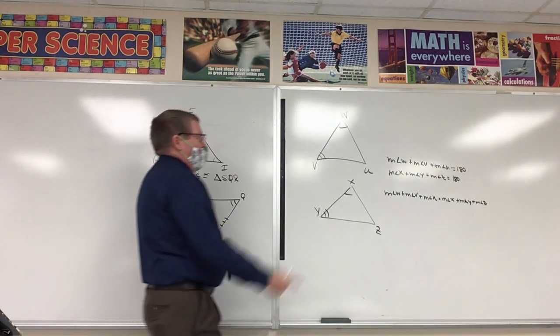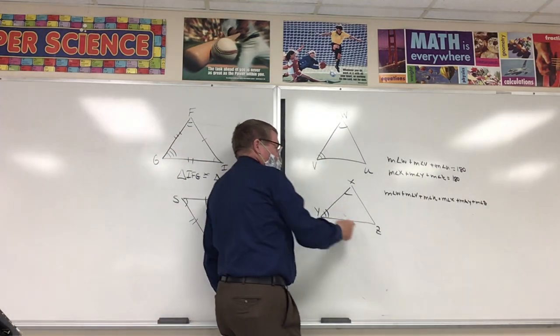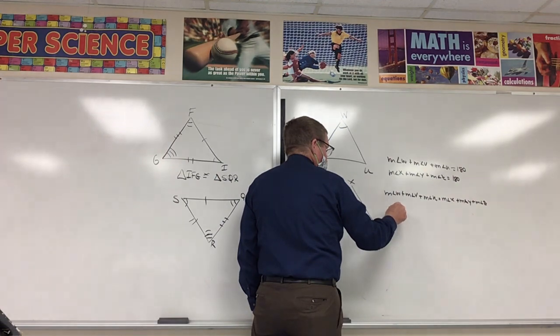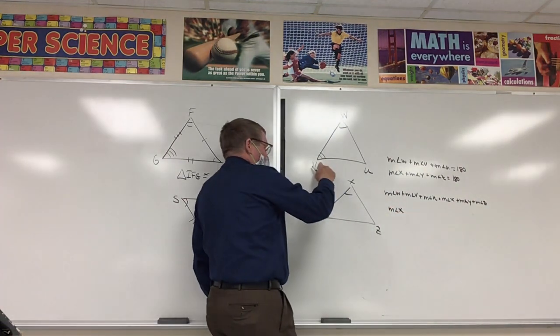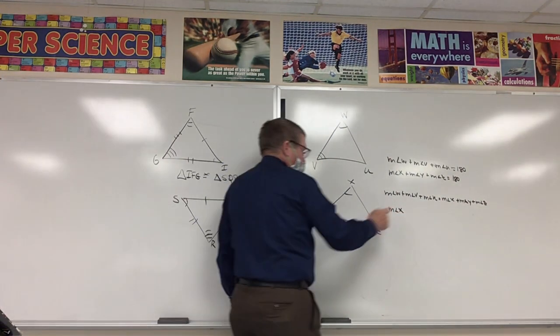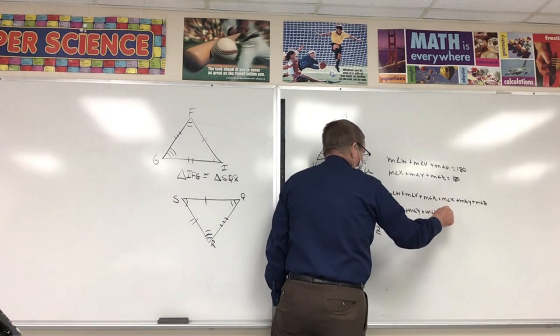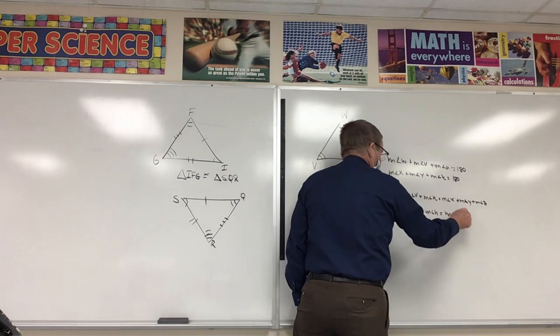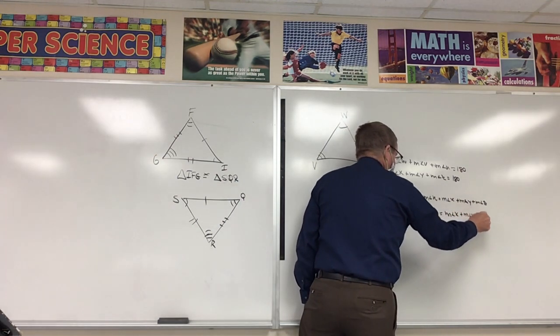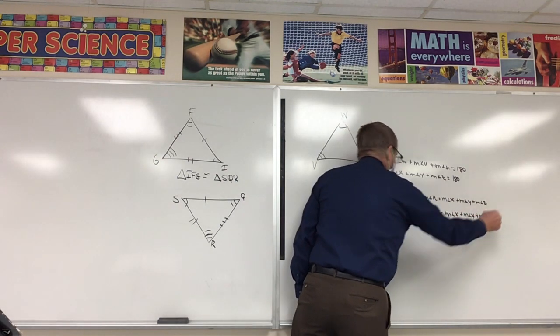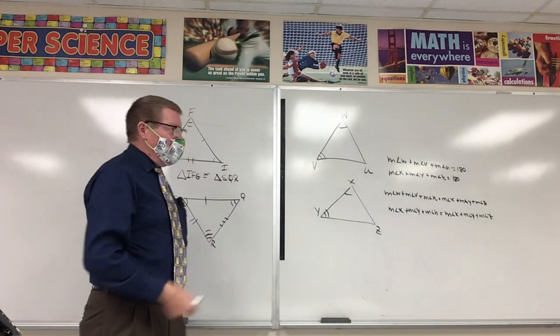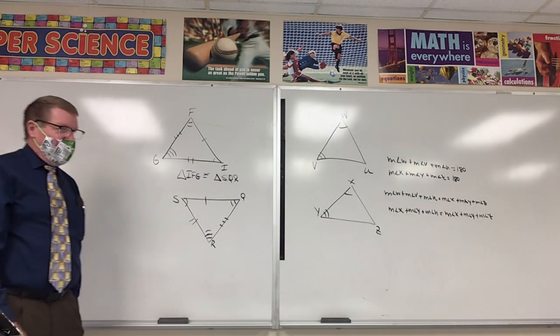Well, I already know that W is congruent to X, so I can substitute the measure of angle X. I know V is congruent to Y, so I can put plus the measure of angle Y plus the measure of angle U, equals the measure of angle X plus the measure of angle Y plus the measure of angle Z. By substitution, that would be after I make them equal.